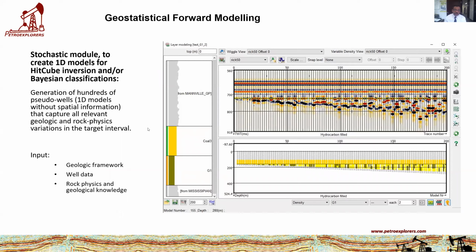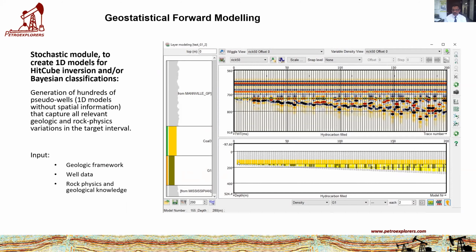So in the manual group, you can say the Coalie layers on the top, like three coals, and the G1 is the glauconite, and then taking the Mississippi. Each interval, you can give a different variation in thicknesses, the maximum and minimum thicknesses, and various property differences.